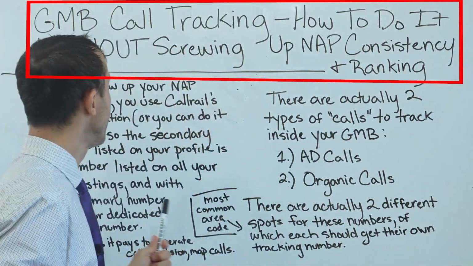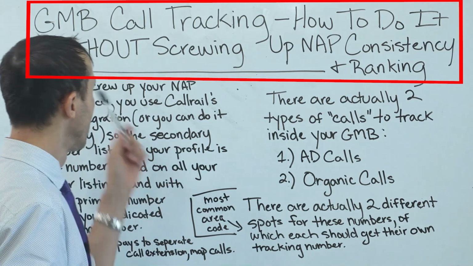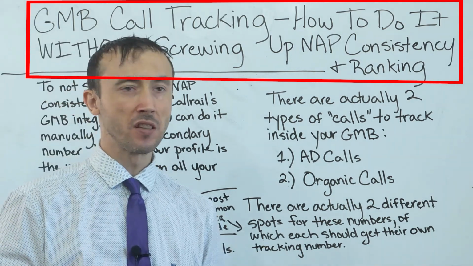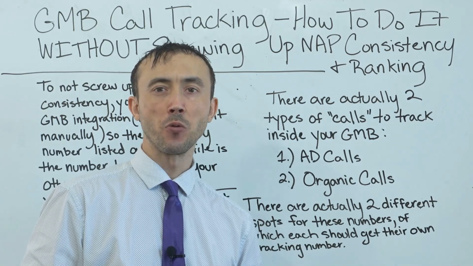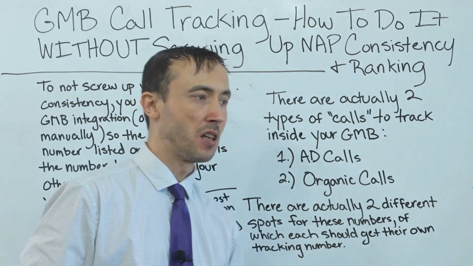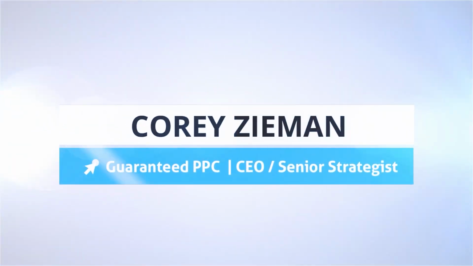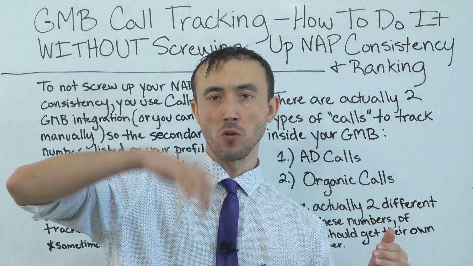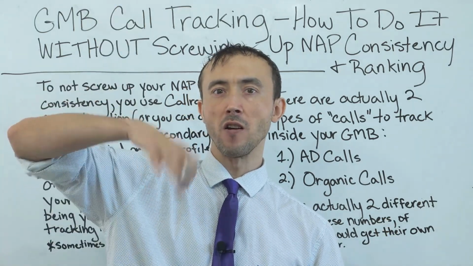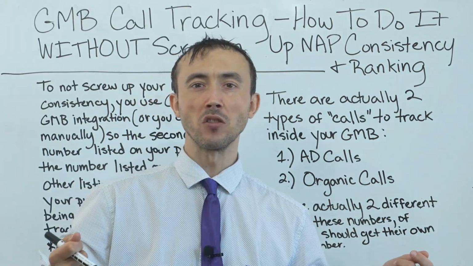Video, we're going to talk about GMB call tracking, how to do it without screwing up your NAP consistency and rankings on the Google Map Pack or 3-pack on Google Maps itself. Or if you're not even in the 3-pack, if someone goes to Google Maps, how far or how high you rank currently due to all the citations you have across the web.